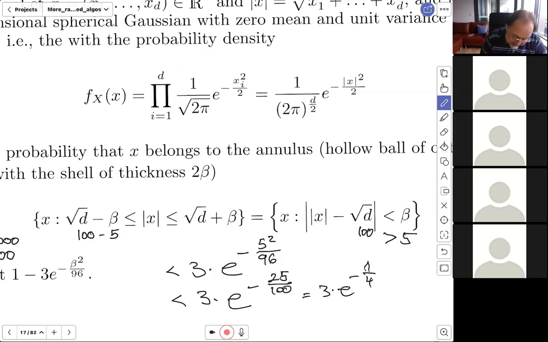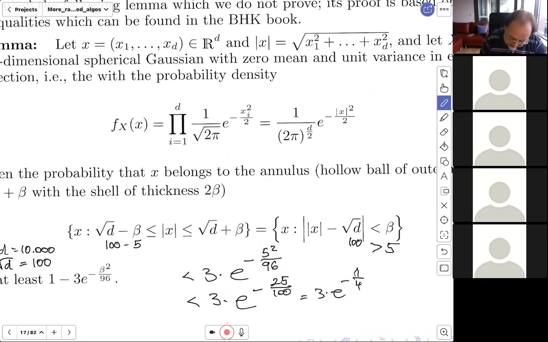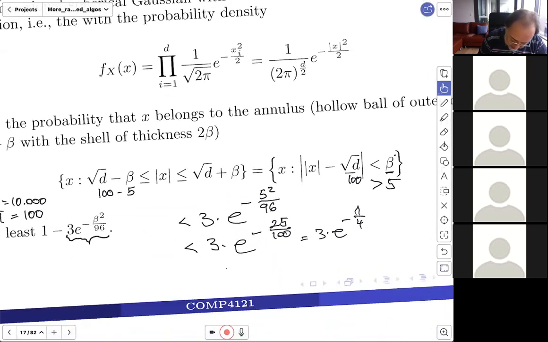Well, let's take d to be an even larger dimensionality. So the bottom line is this. This quickly becomes a very small number as beta increases, and of course, when d increases, the significance of beta will decrease. So let's do it to make sure what we are talking about.